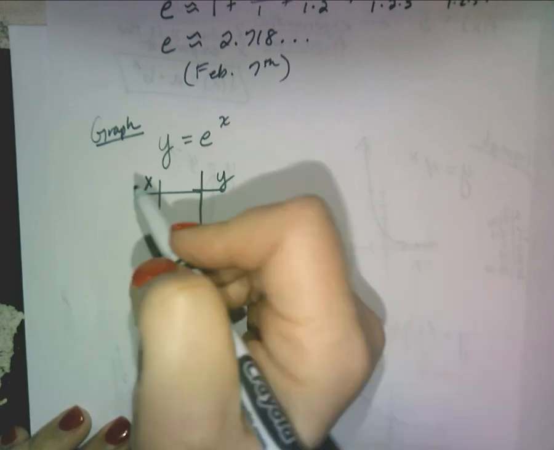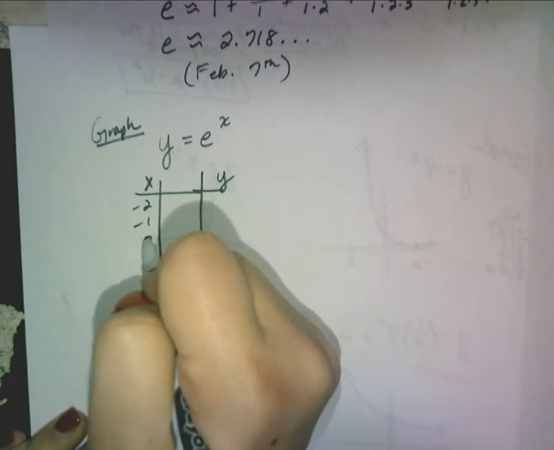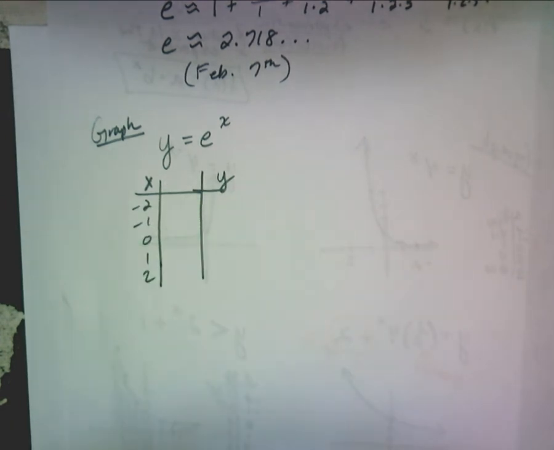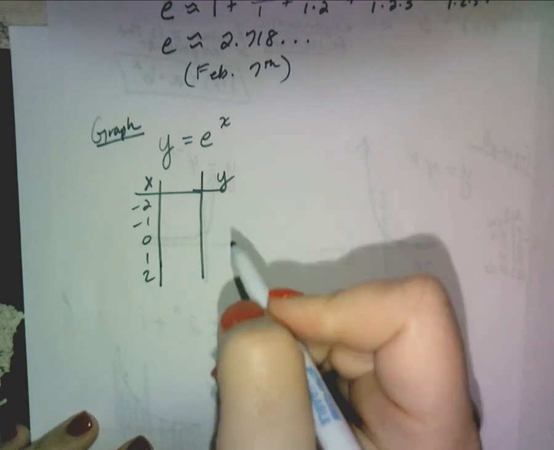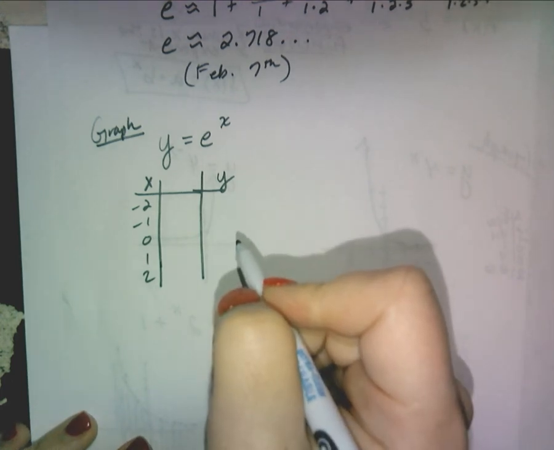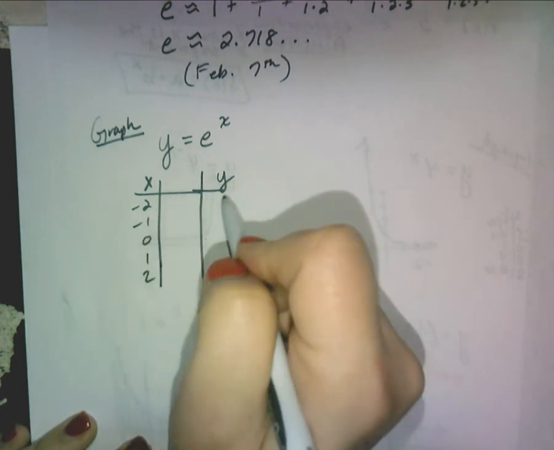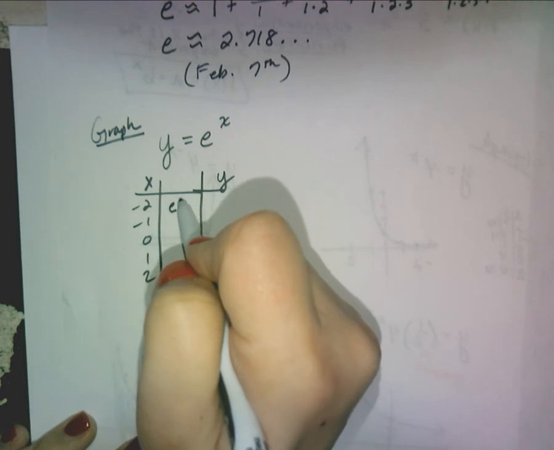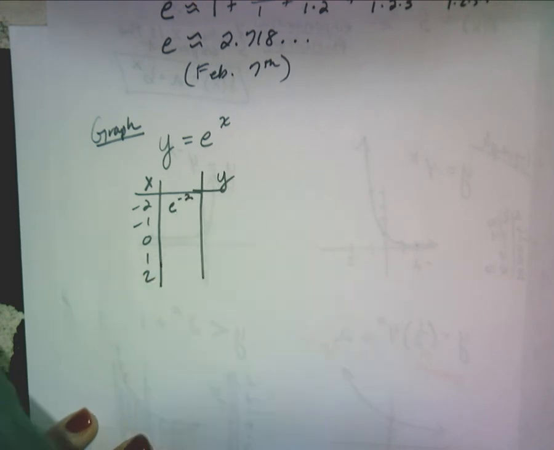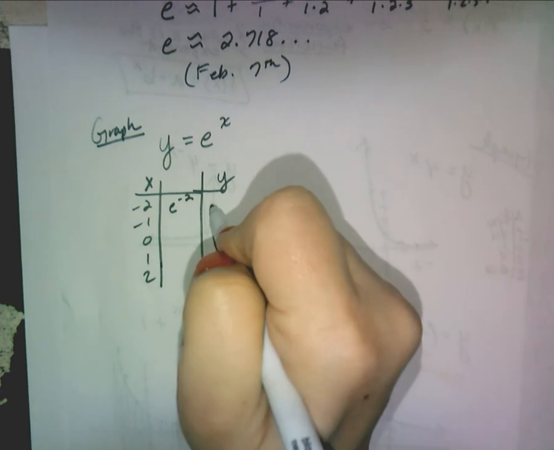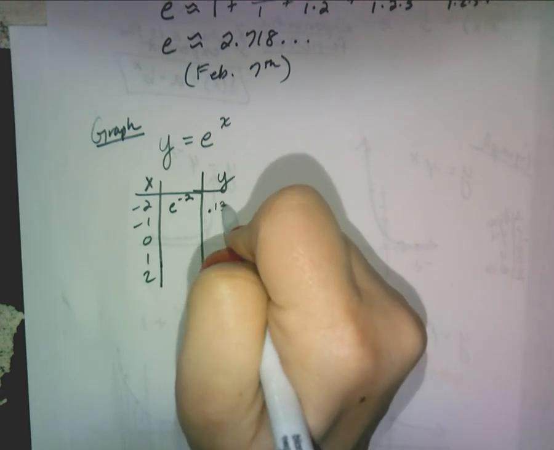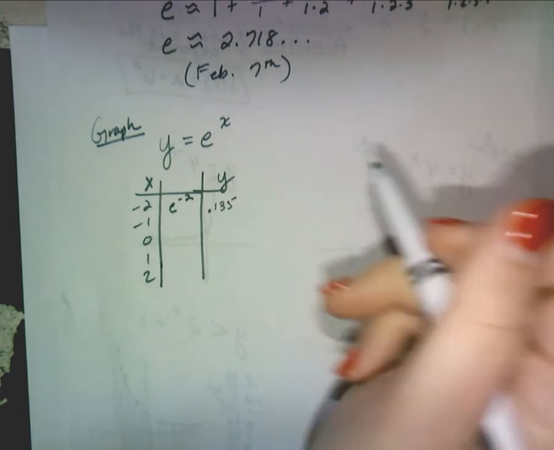Okay, so -2, -1, 0, 1, 2. Those are my favorites to go to, my go-to people. This middle, you'll see what I'm doing in a minute. This is e to the -2. Anybody want to tell me mathematically what is e to the -2? I got 0.135. Is that what you got? Yeah. Okay.